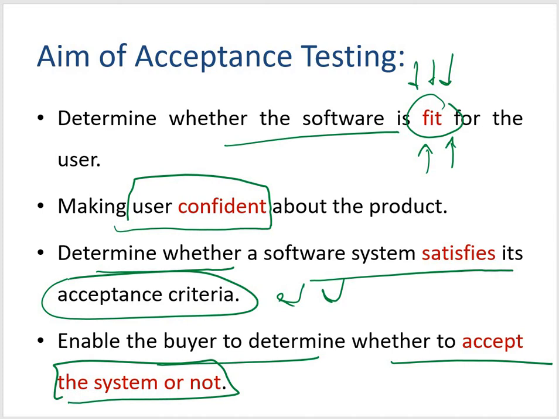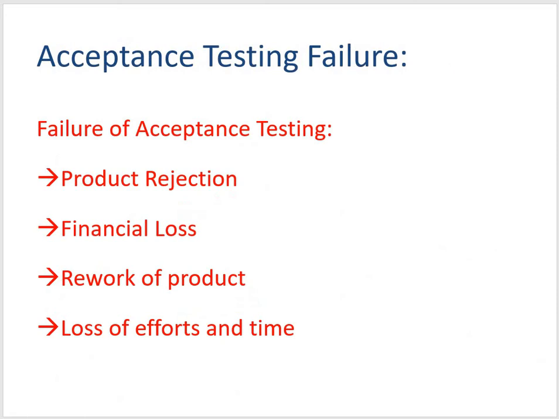Now since the end user or the buyer is actually using this particular product, that gives a scope, and the user can take a call on accepting the system product or not. That means the user may send it back for some minor or major modifications as well. So there are possibilities where this acceptance testing may fail, right?